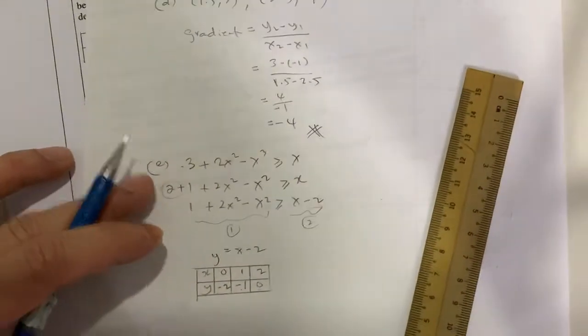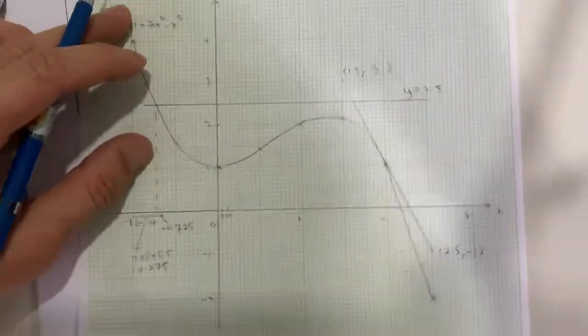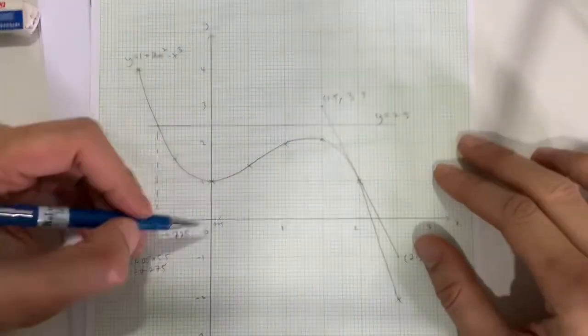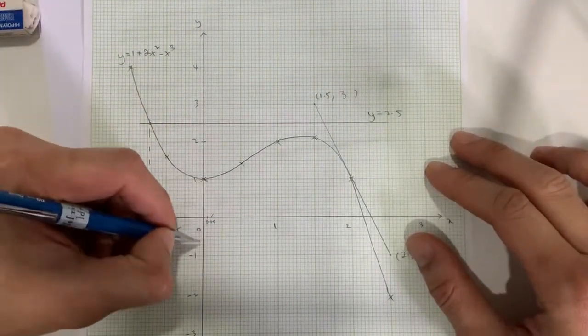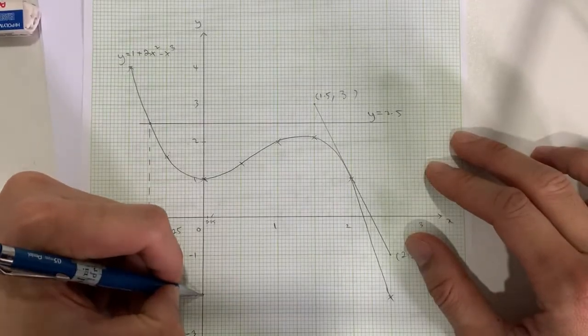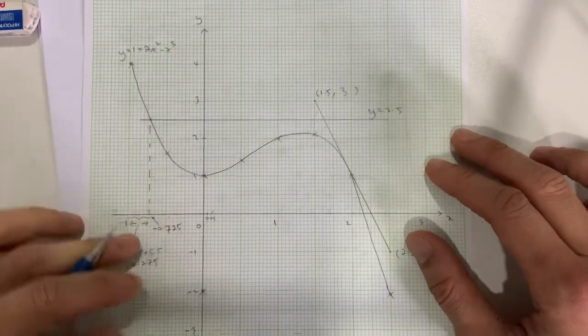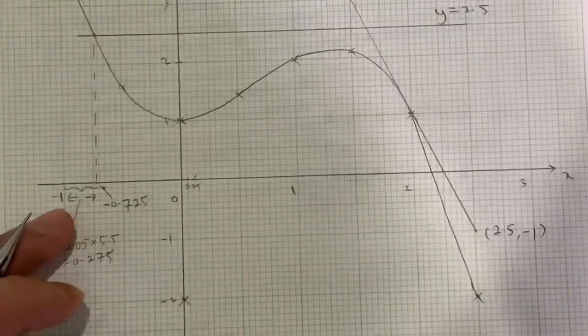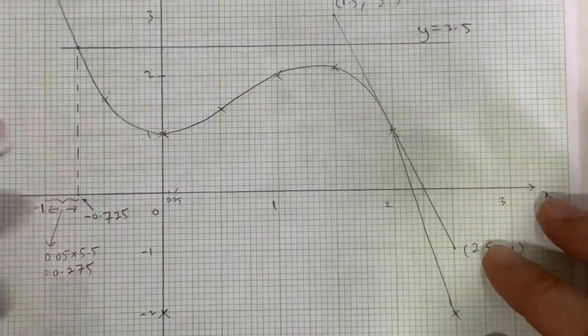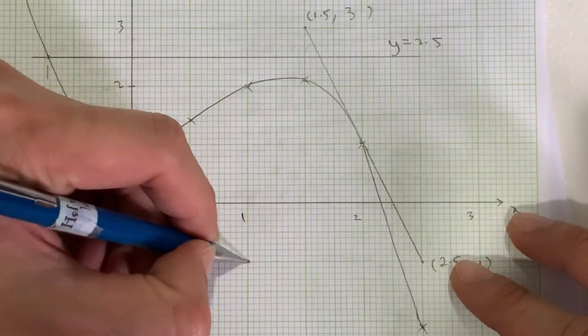So I'm going to look at the graph and plot these 3 points. So (0, -2) will be here. That's the first point. I'm putting a dot and a cross there. And then the second point will be (1, -1), so it's here.